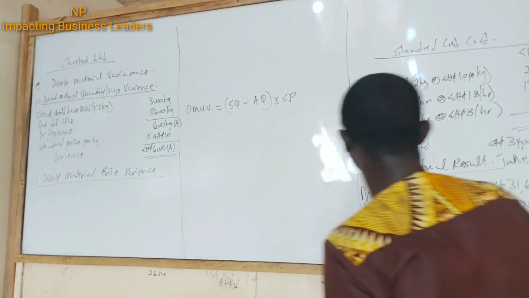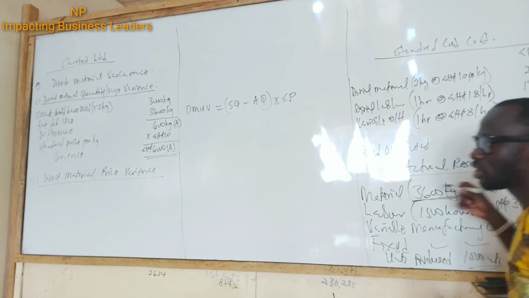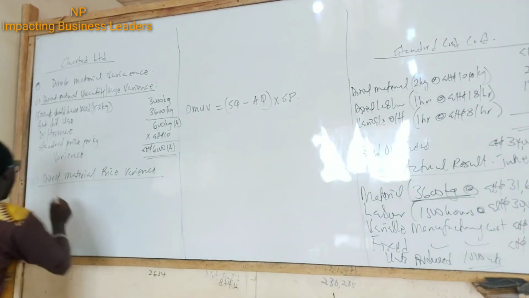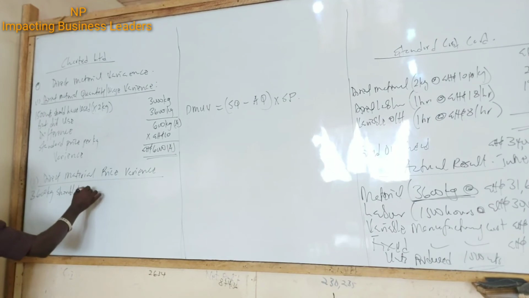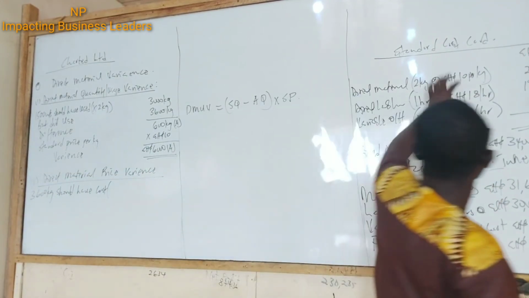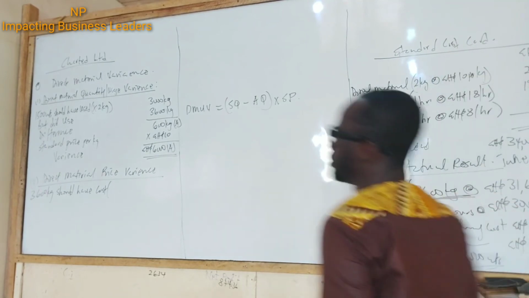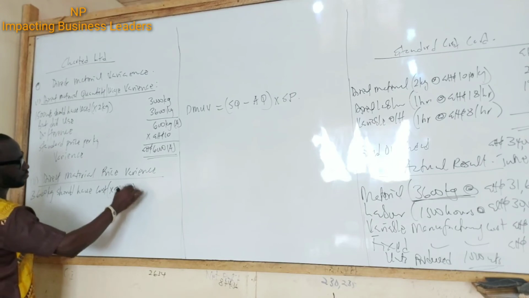So how many materials did we use? 3,600 kilograms. So we say that 3,600 kilograms should have cost us, what is the standard price per kilogram? 10. So times 10 Ghana cedis, what do we have?